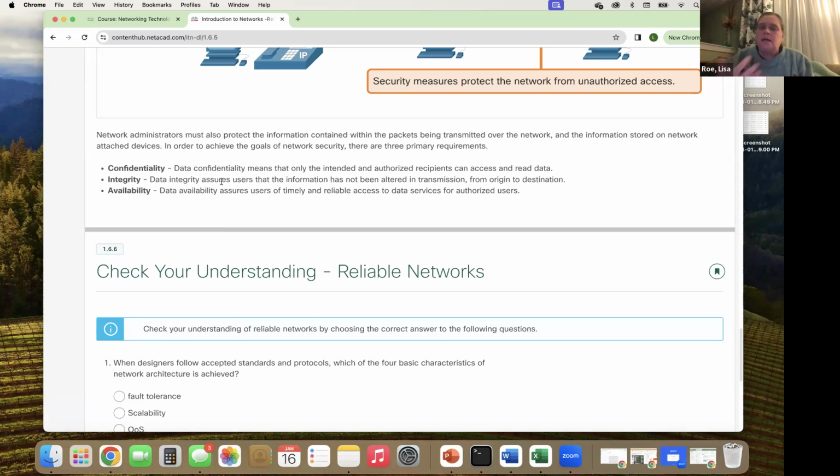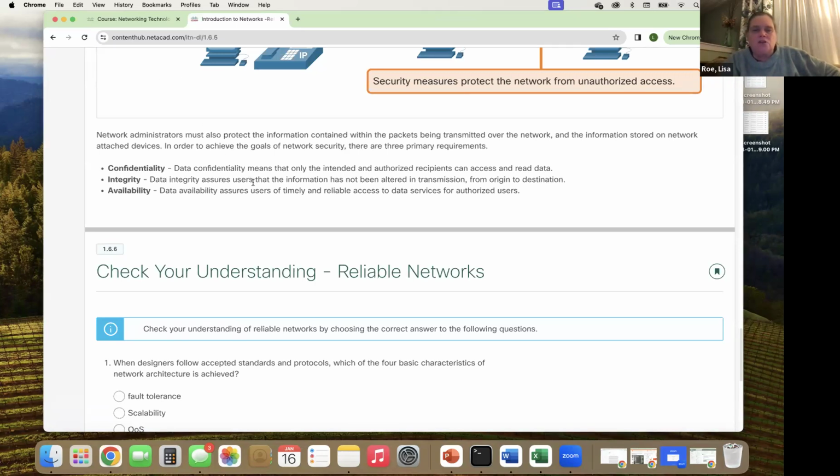So we use something in cybersecurity, if you haven't started to take a class yet, for integrity. We use something called hash algorithms. So there's a code that's attached to a file. And if the file changes just one iota, one letter, one space, one bit, the hash ends up being different on the other end.